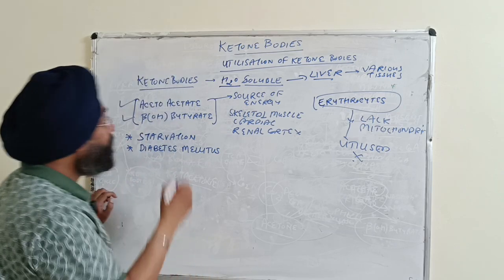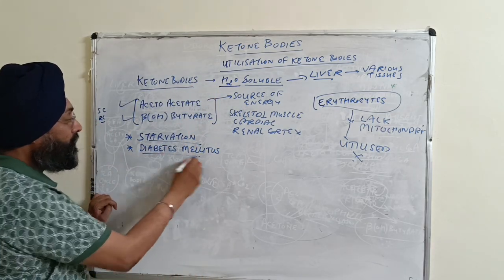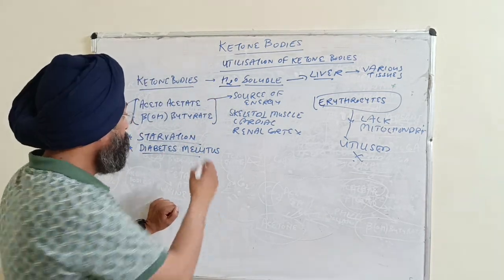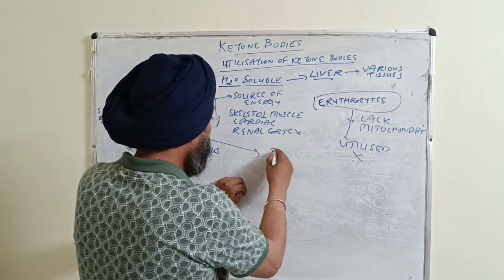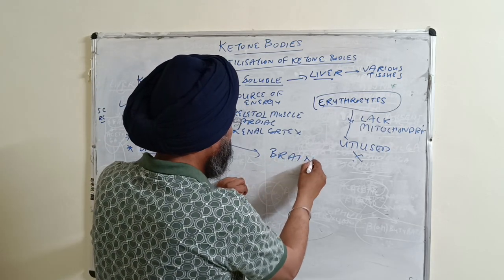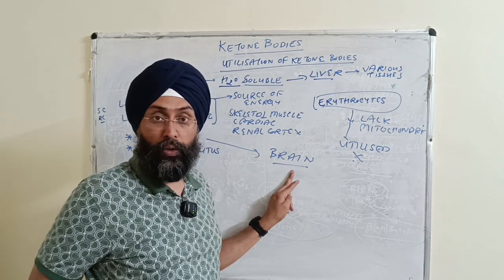And moreover, the metabolism becomes important during starvation and diabetes mellitus, right? During starvation, the brain is dependent on energy. The primary source is glucose, right?